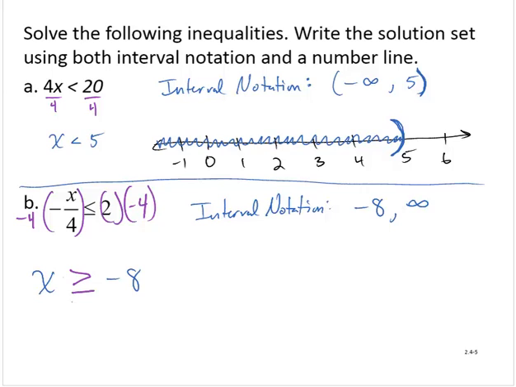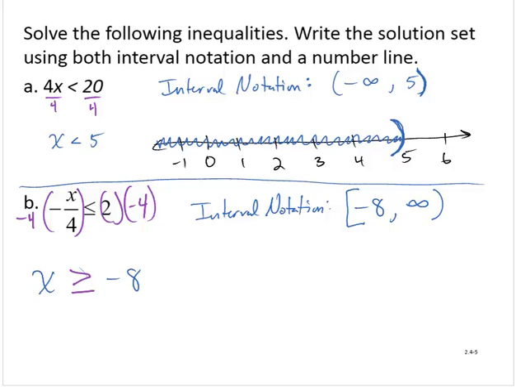Now since it's an or equal to inequality, since it can include the endpoint, we use a bracket on the negative 8. We place a parenthesis on the infinity, because infinity is not a real number. We can never actually get to that number, and so we can never place a bracket on a negative infinity or a positive infinity.